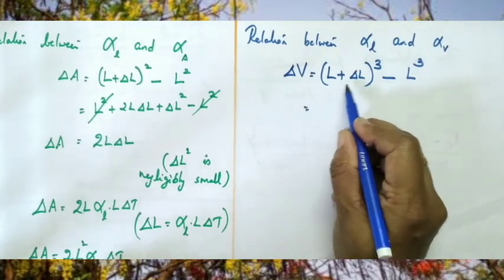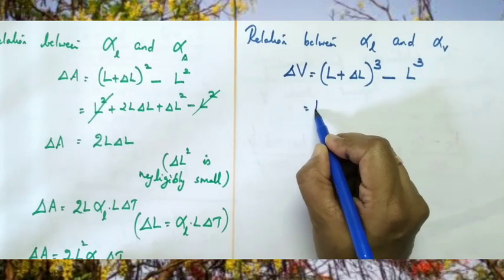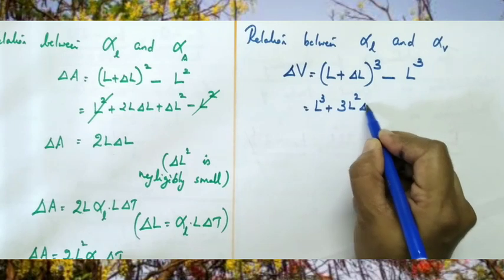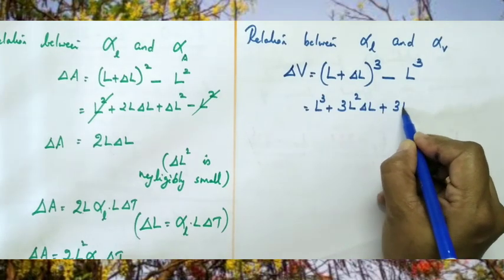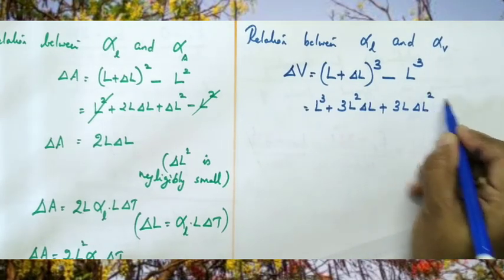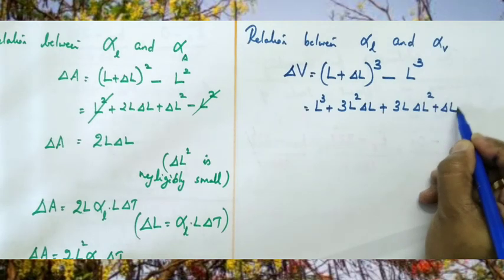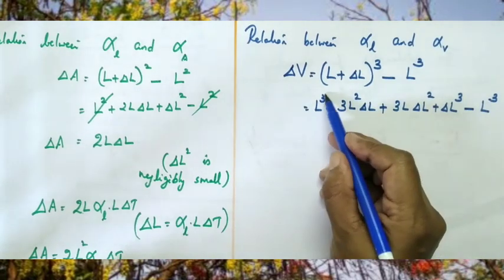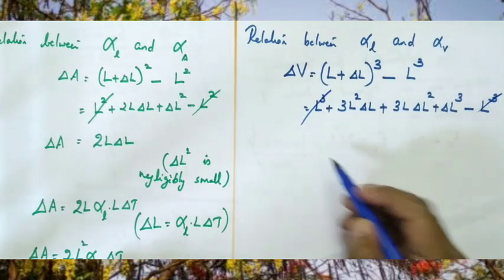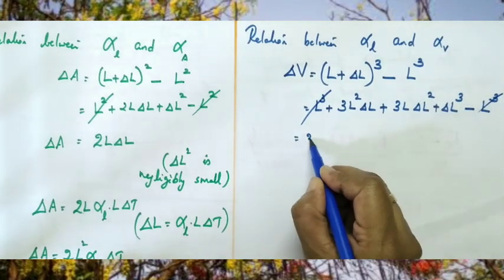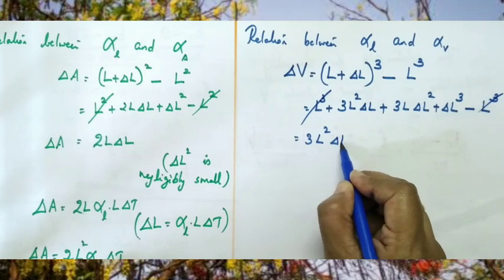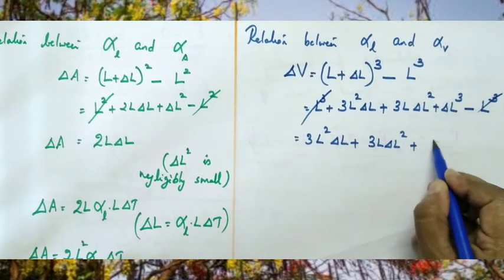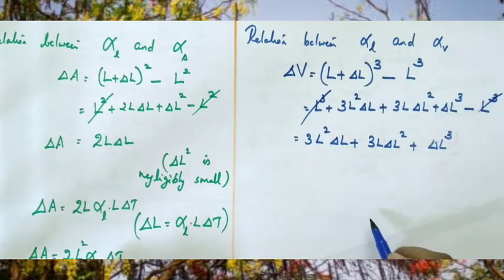L plus delta L the whole cube can be written as L cube plus 3L square delta L plus 3L delta L square plus delta L cube, minus L cube. Clear children? Here L cube and L cube get cancelled and remaining we can write 3L square delta L plus 3L delta L square plus delta L cube.